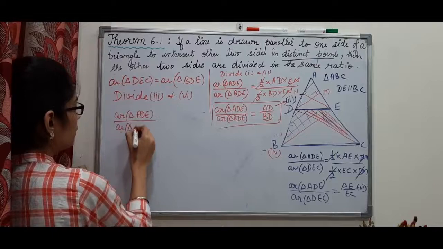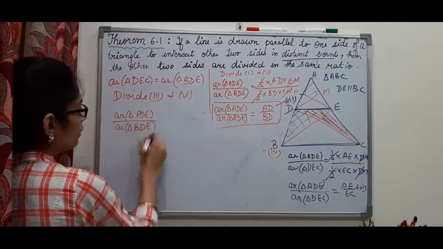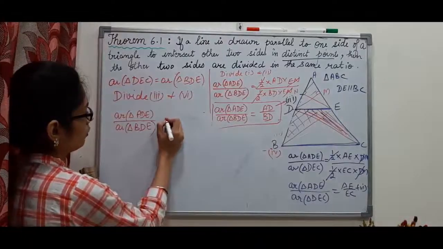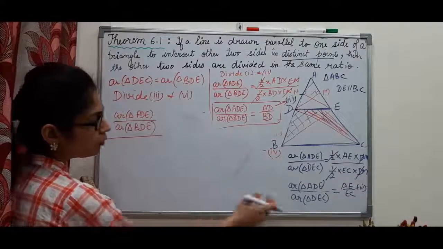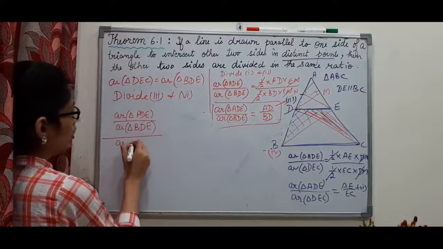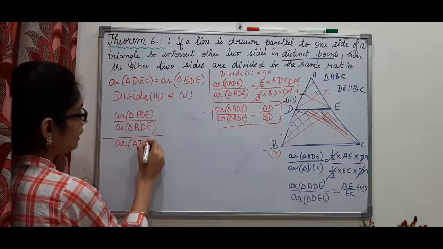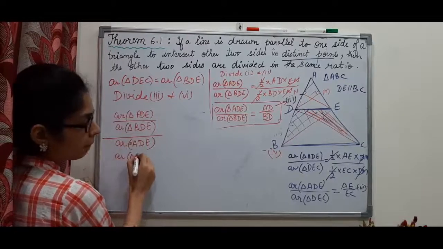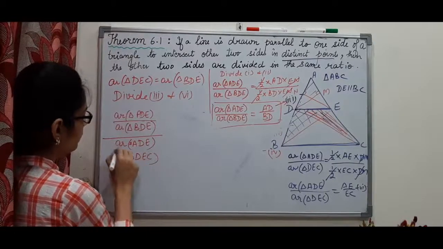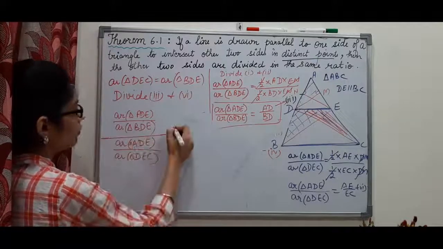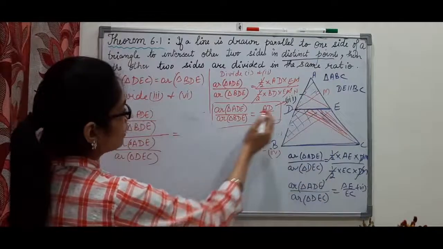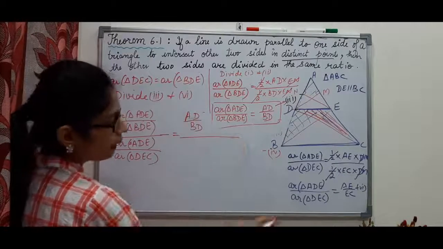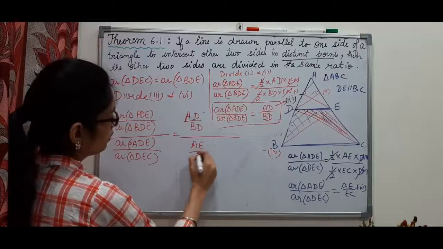So step by step we have to do, so that we can write each and everything properly. So I have to divide this with this: area of triangle ADE and area of triangle DEC. So left hand side things I have written first. So this is the bigger division sign. There I will write AD upon BD divided by AE upon EC.